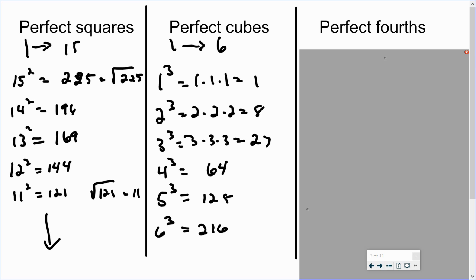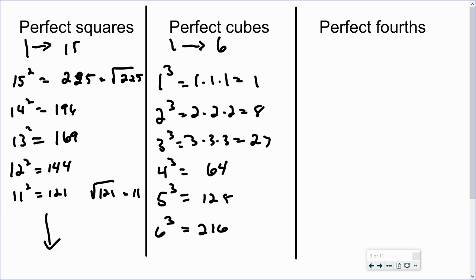Now, these are just the numbers. If you know these, it sure helps you out. It makes it easier and faster to do these without having to use a calculator. Now, perfect fourths. I don't know very many of these. I'll go up through 5, maybe 6 on a good day, but definitely 5. So 1 to the fourth, I'm all over that. 2 to the fourth, the good thing is you can put these together in pairs.